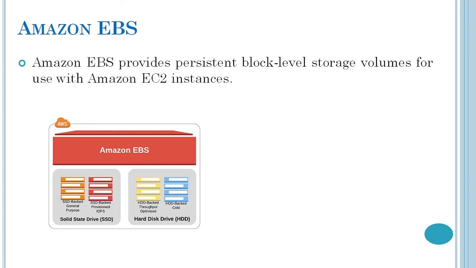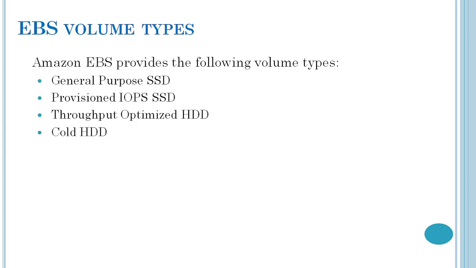EBS volumes can also be created as encrypted volumes using the EBS encryption feature. EBS provides the following volume types: general purpose SSD, provisioned IOPS SSD, throughput optimized HDD, and cold HDD. General purpose SSD volumes balance price and performance for a wide variety of transactional workloads. Provisioned IOPS SSD volumes are designed to meet the needs of IO intensive workloads that are sensitive to storage performance and consistency.